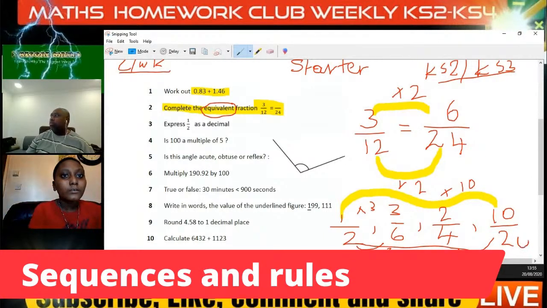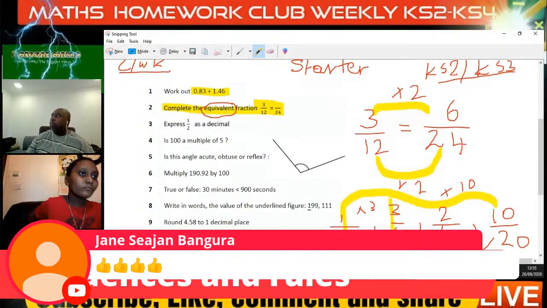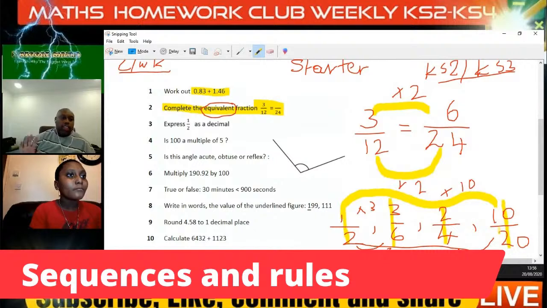So all of these fractions here are equivalent. It means they're exactly the same. Equivalent means equal. You understand that? Yes. Beautiful.